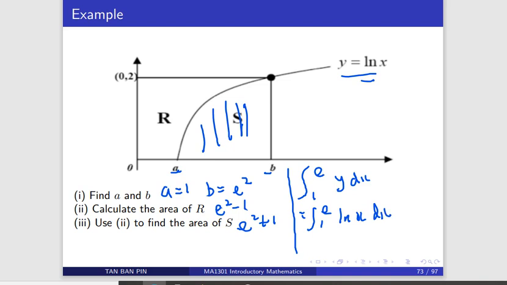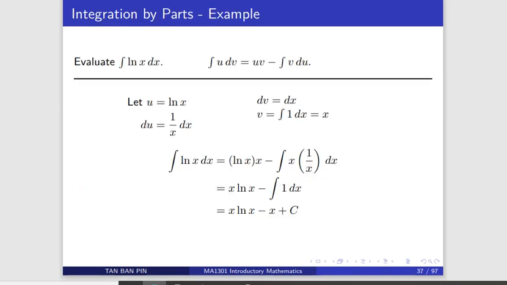If you do it this way, you still can get an answer, but to integrate ln x, you need integration by parts. Remember, to integrate ln x dx, we need integration by parts, and after you do that, you have this answer, x ln x minus x. So you copy this answer over.